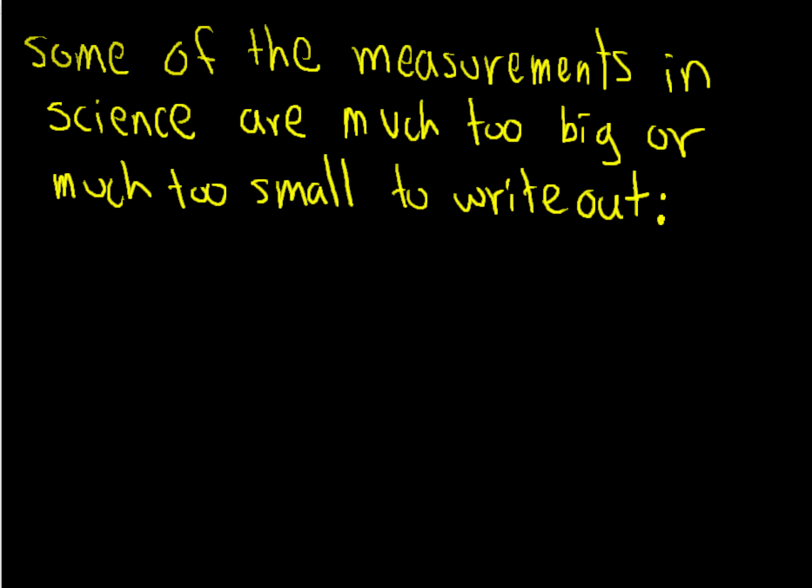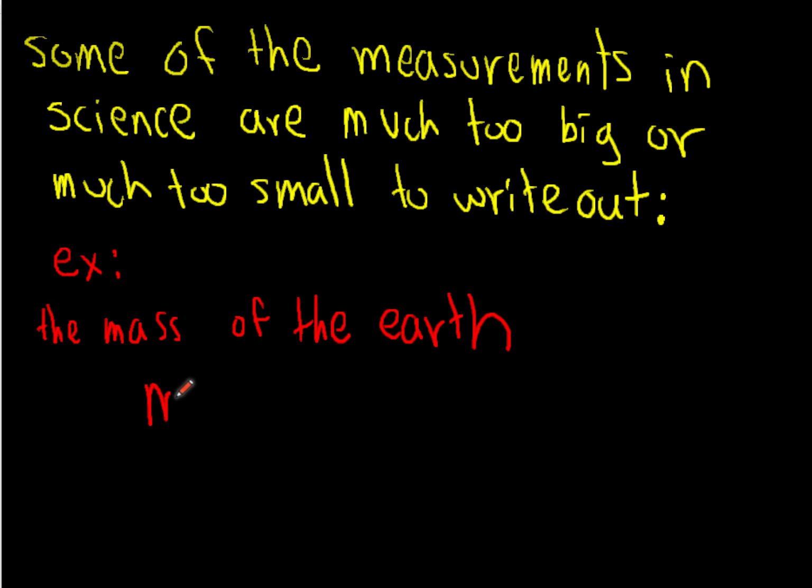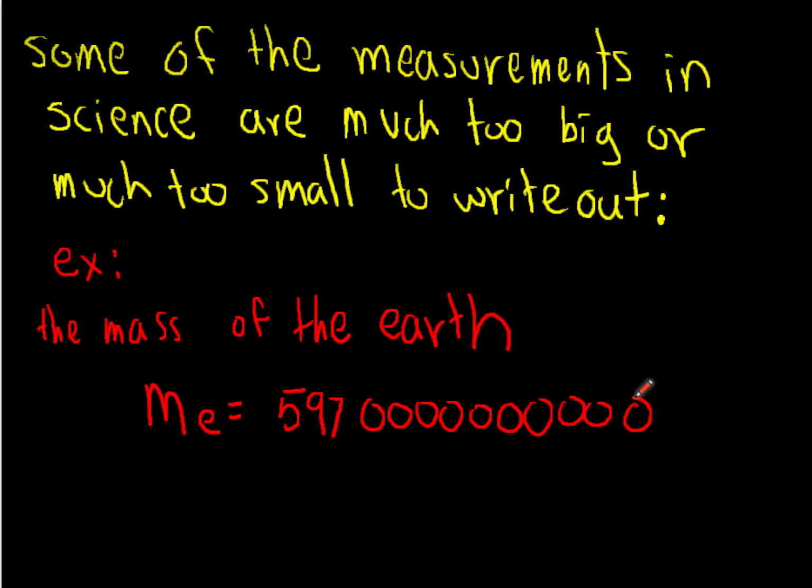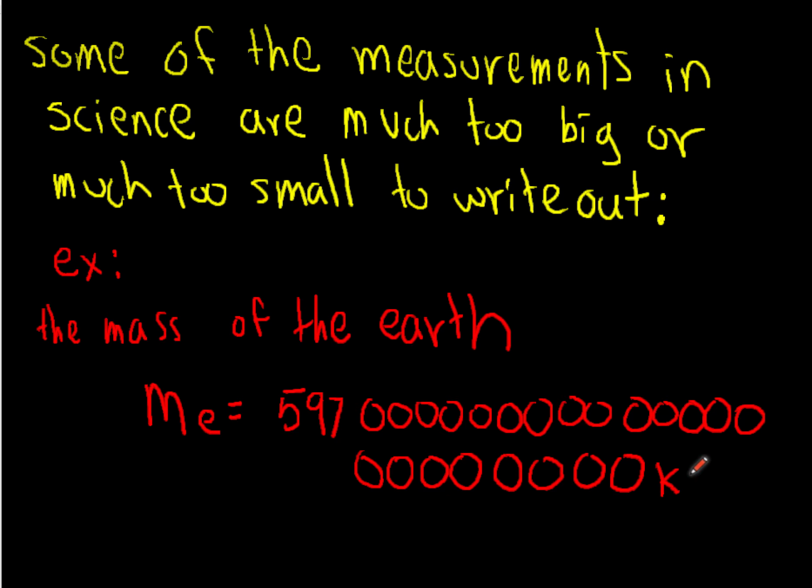For example, the mass of the Earth, ME, is 597 with 22 zeros following it, kilograms. This is much too big to write out every time.